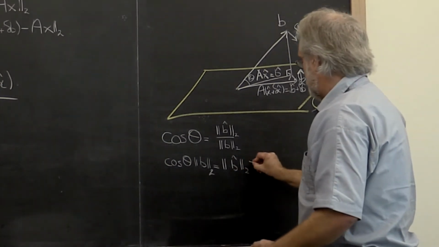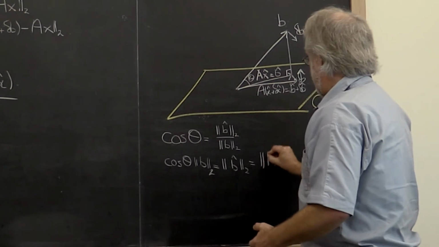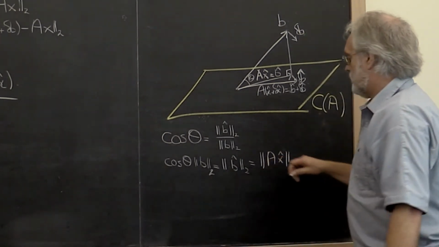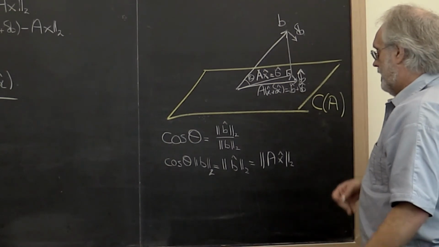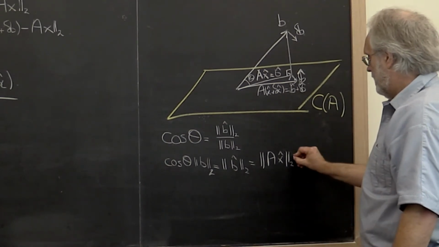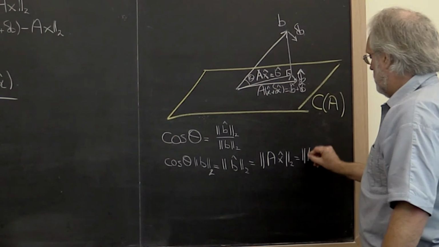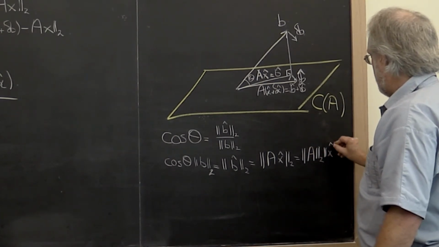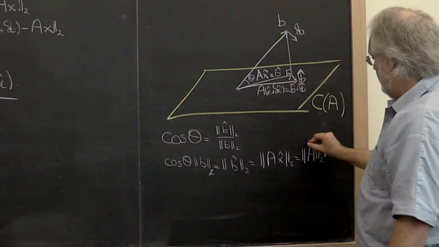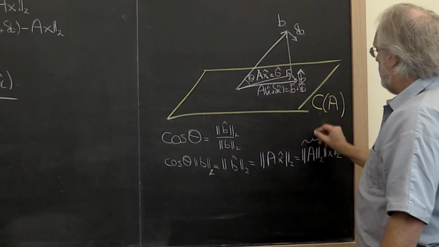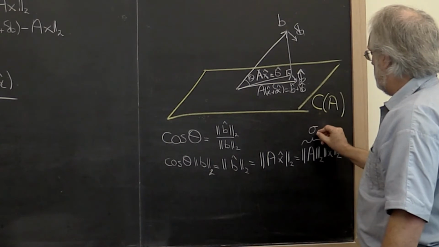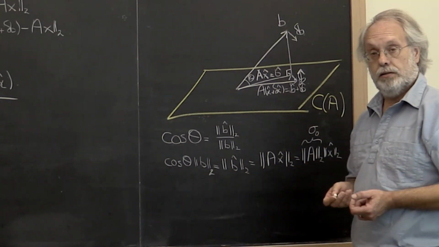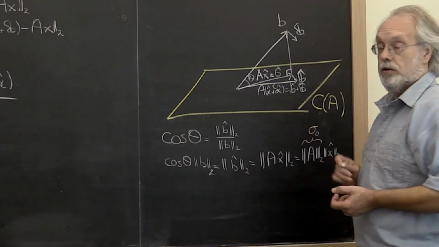Now, b hat was equal to A times x hat, and we know that the 2-norm is a consistent matrix norm and therefore submultiplicative, and therefore this is less than or equal to the 2-norm of A times the 2-norm of x hat. And then the 2-norm of A we know is equal to the largest singular value of matrix A, sigma sub 0.